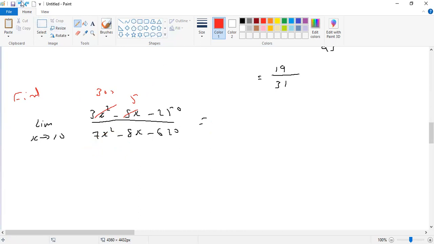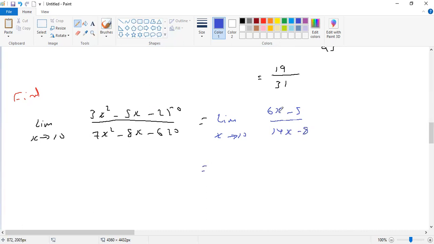So then also we have 0 over 0. Then using the L'Hopital rule, the limit is equal to the limit as x approaches 10 of the derivative of the numerator, which is 6x minus 5, over the derivative of the denominator, which is 14x minus 8.